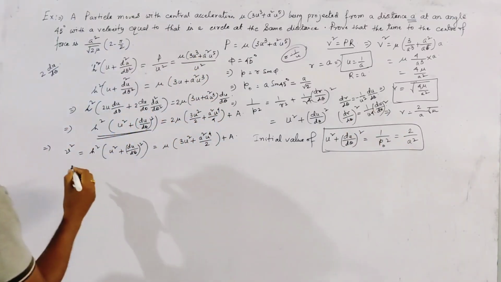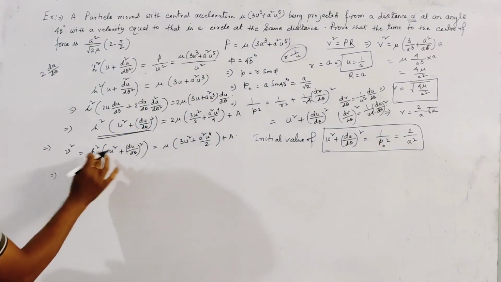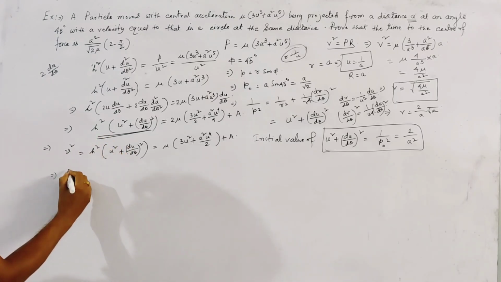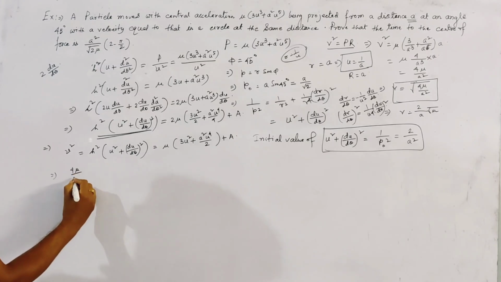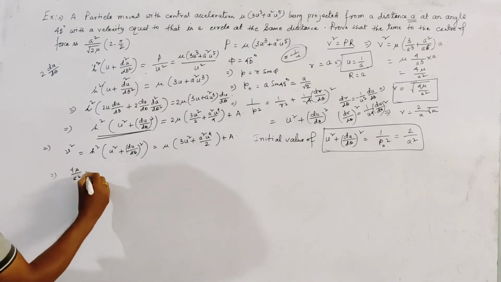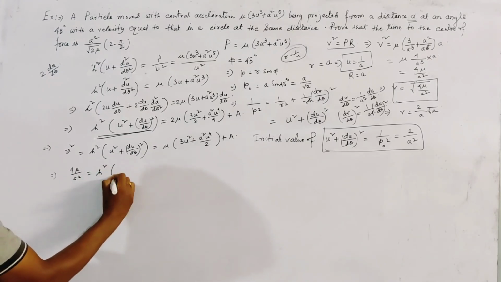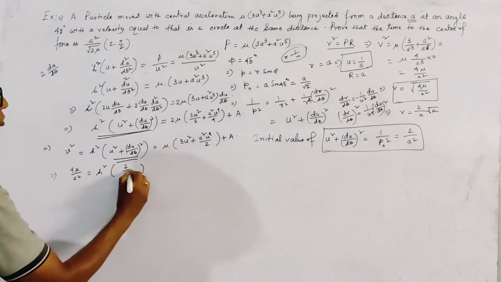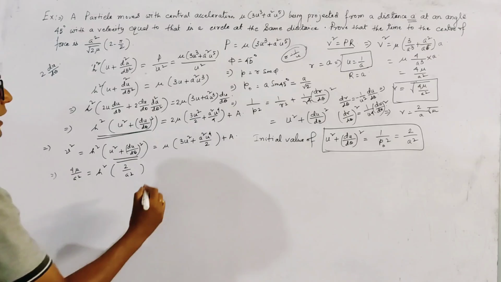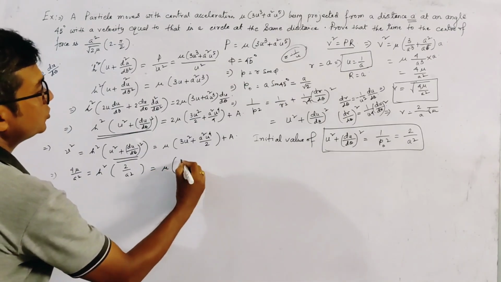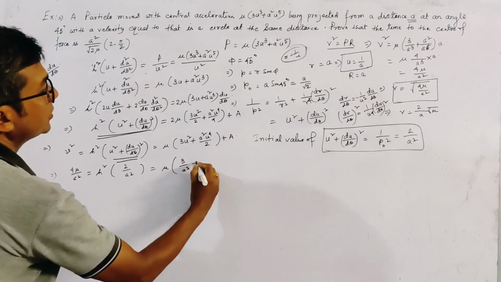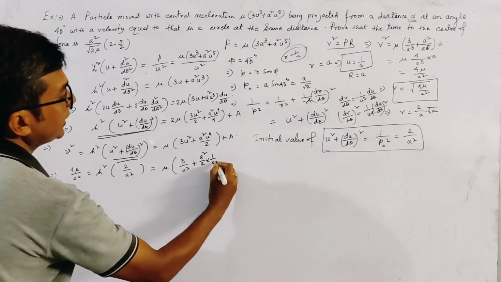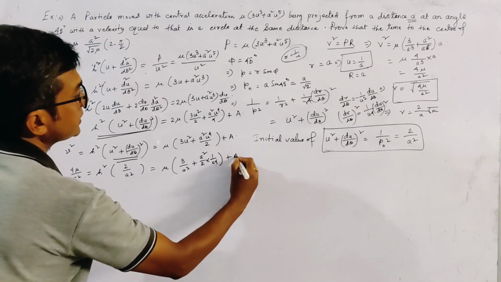Now from these portions, initially we get v square, that is 4 mu by a square, and this side is h square into the initial value of this portion, which is 2 by a square, and this is mu into (3 by a square plus a square by 2 into 1 by a to the power 4) plus a.